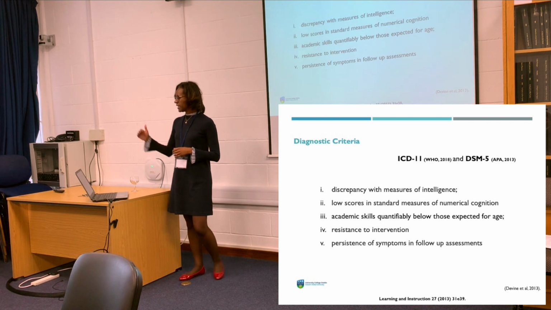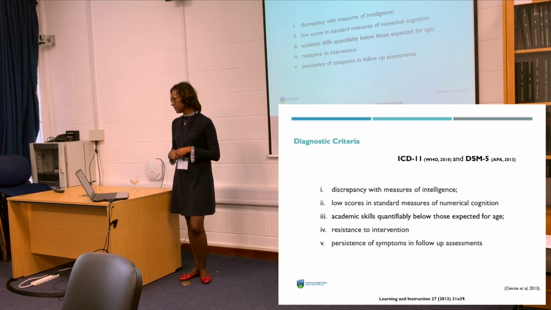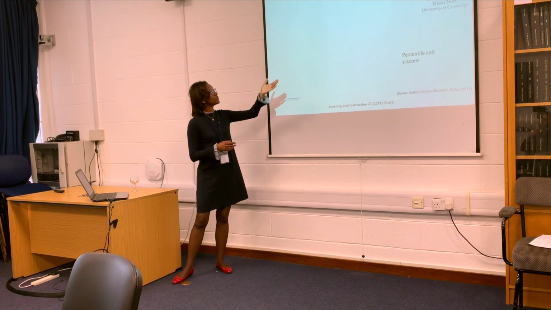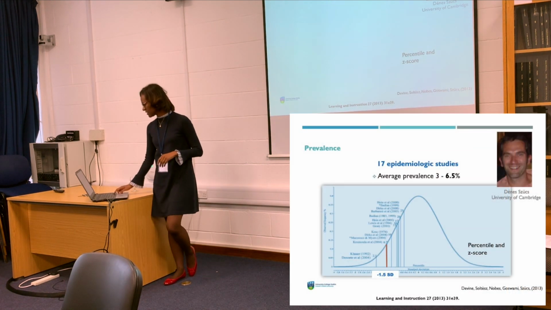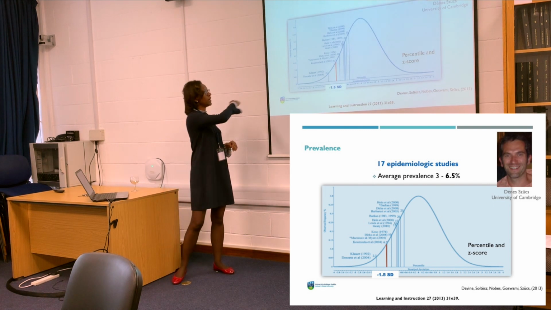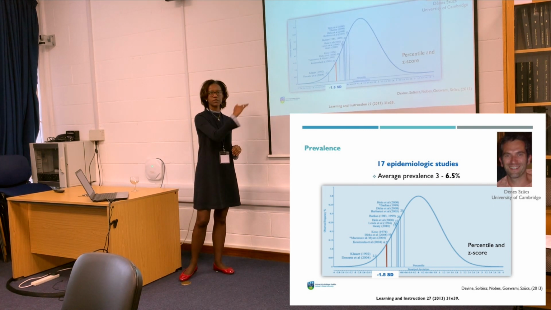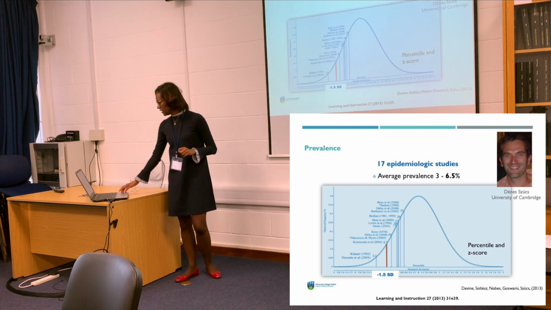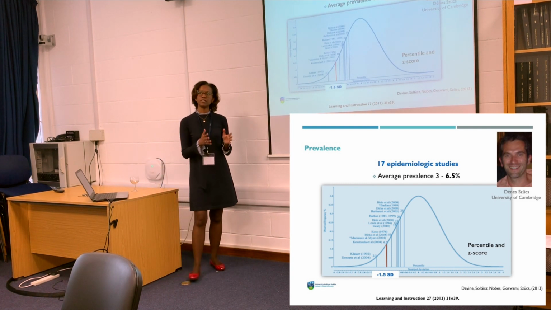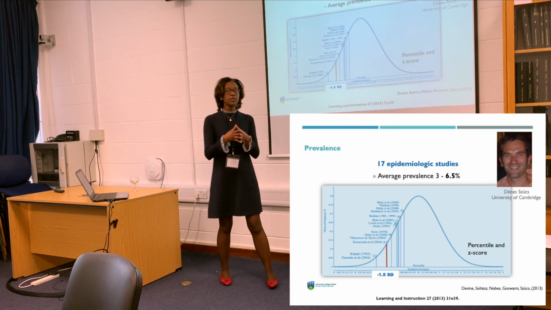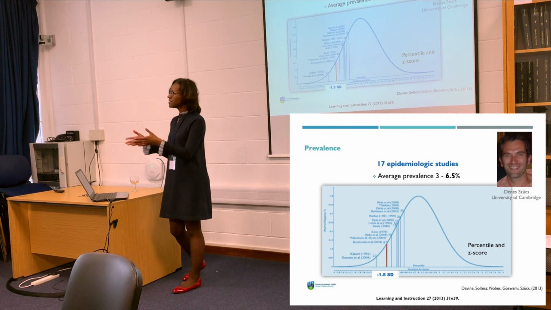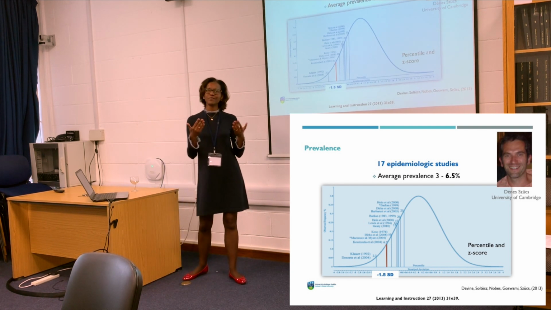When we're looking at those different criteria and at epidemiological studies, like in this review of 17 epidemiological studies, we see a variation across studies, but when we filter better the percentiles and z-scores, we see that the prevalence is around 6.5%.